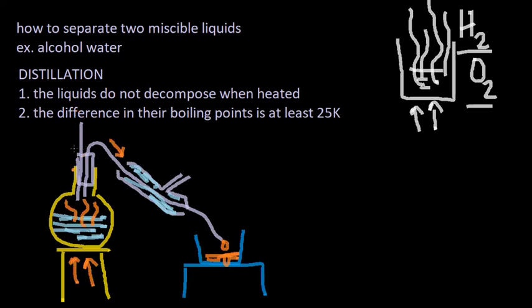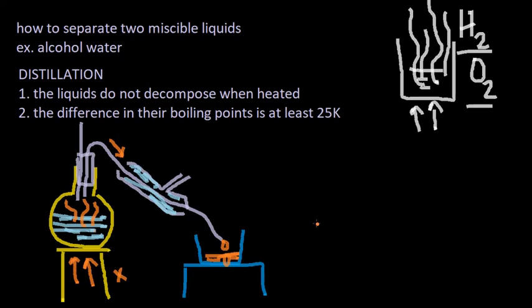And as soon as we note a rise in the temperature in the thermometer, we can conclude that all the alcohol in this mixture has turned into vapor and has flown through this tube into this place over here. At that time we can stop heating and remove this round bottom flask from this place.